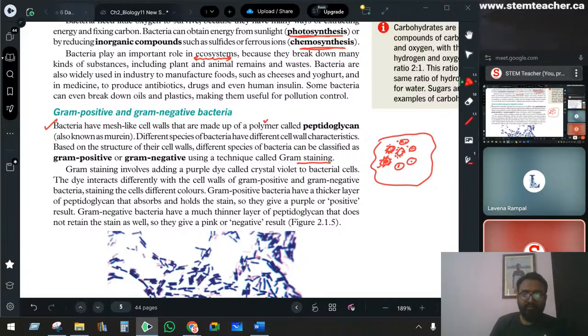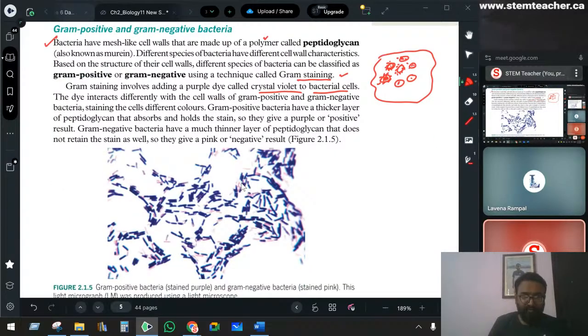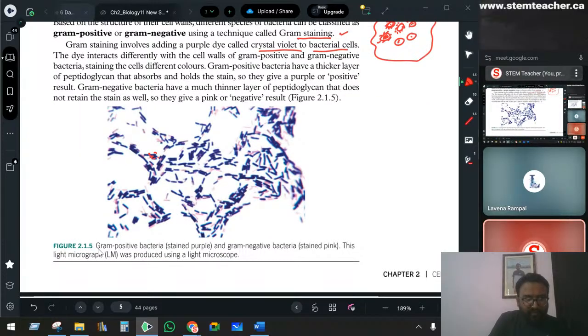Gram staining involves adding a purple dye called crystal violet to bacterial cells. So it becomes purple-colored. It's a huge bacteria. Okay, so in this image, gram-positive bacteria are stained purple and gram-negative bacteria are stained pink.